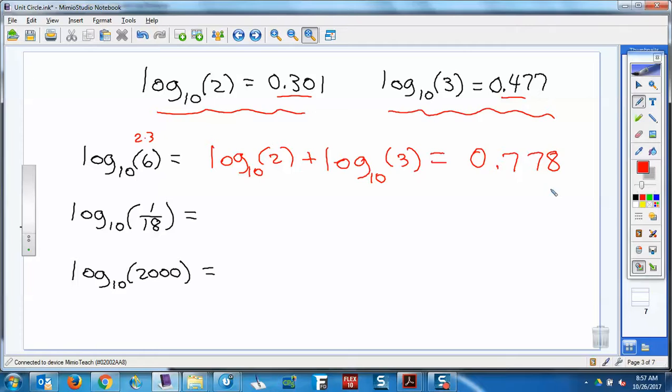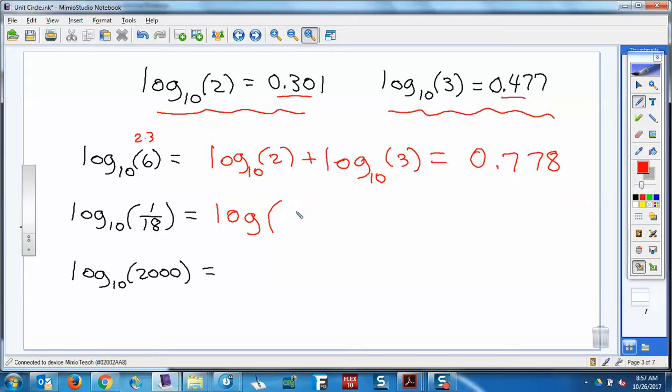All right, what about 1/18th? How could we make that a log, using just 2's and 3's? You just do log 2 minus log, or... Now think about the 18. How could you rewrite the 18? 2 times 3 times 3.